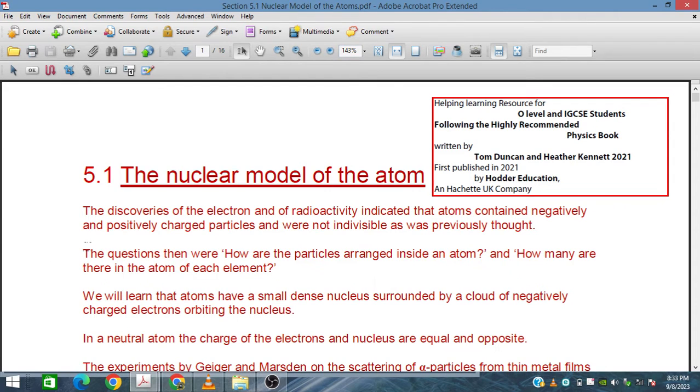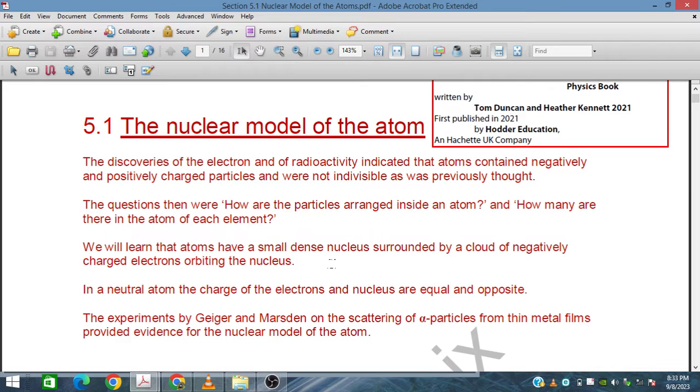Before the discovery of the electron and radioactivity, it was assumed that the atom is indivisible. Later, with the discovery of the electron and some radioactivity phenomena, the question arose of how the positive and negative charged particles are arranged inside the atom.